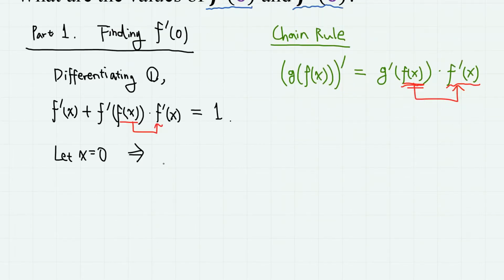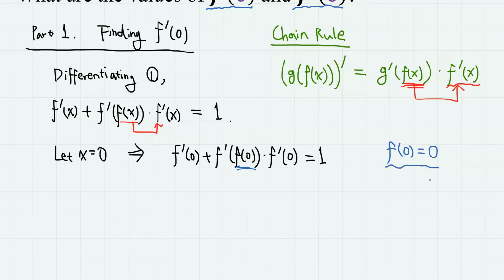Letting x equal 0, we have f'(0) plus f'(f(0)) times f'(0) equals 1. Here we use the given condition that f(0) equals 0, so this part right here is 0, so we have f'(0) plus f'(0) times f'(0) equals 1.